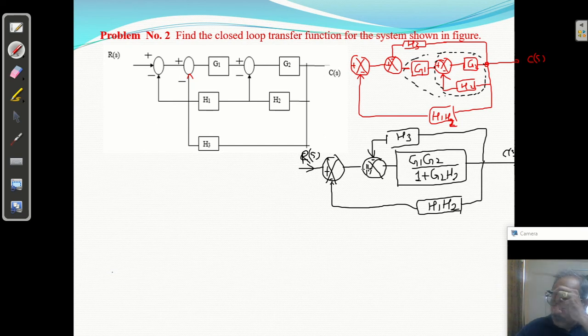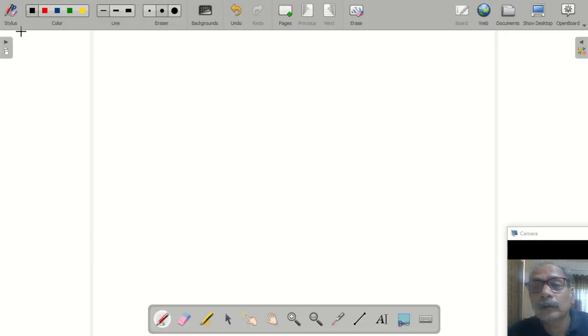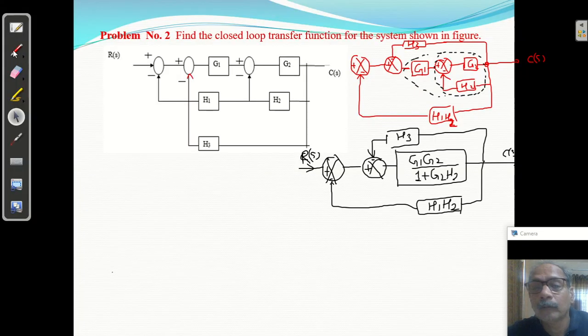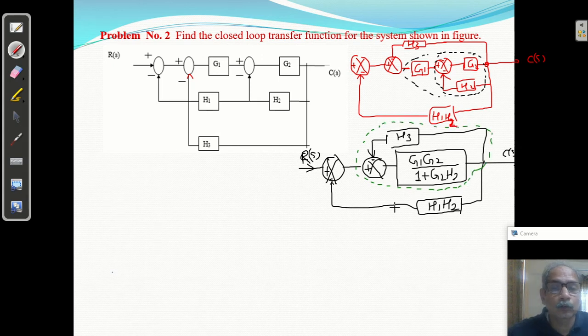Now another ink I am going to use. Just wait. Now you can say this is forming a closed loop. So first of all, what comes for this closed loop?